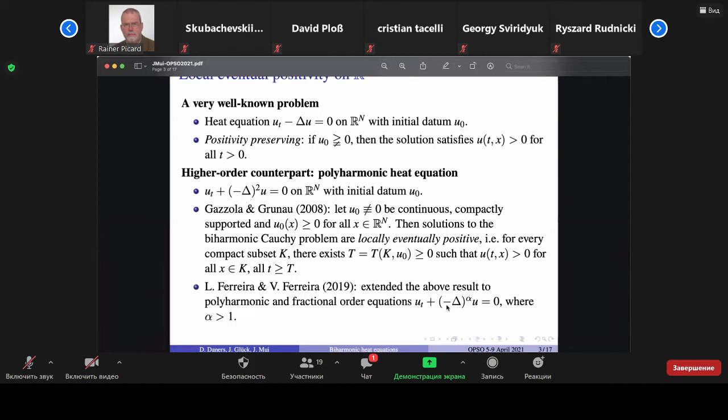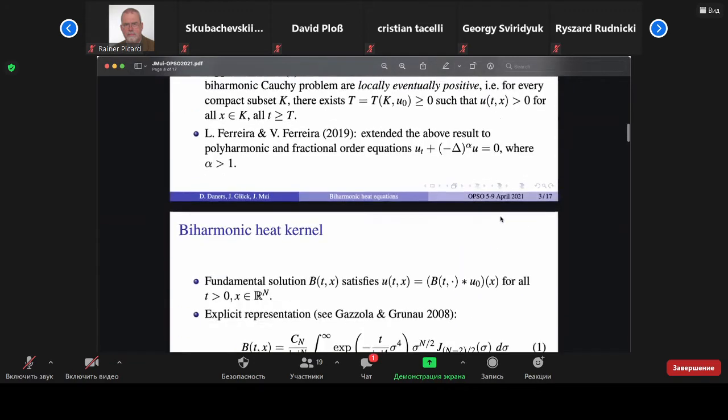So here we have minus Laplace to the power alpha, where alpha is just something greater than 1, not necessarily integral.